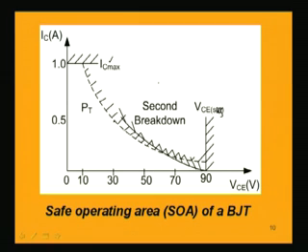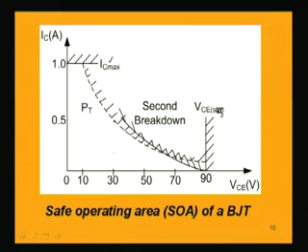That is, at some time we may operate the transistor outside this area, but it should not be operated there for long. And for safety, we should be within this safe operating area.